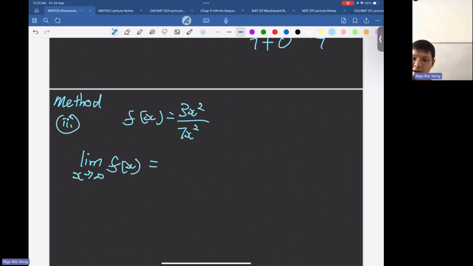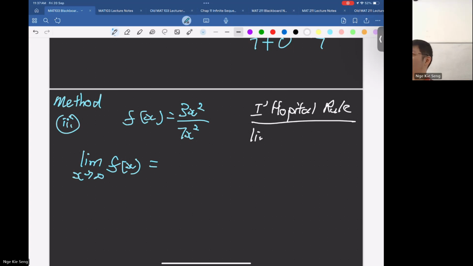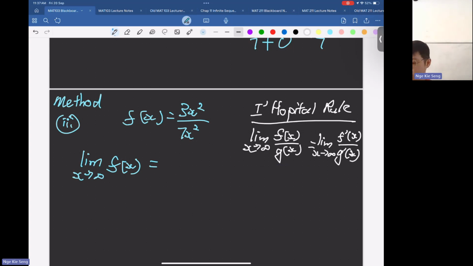Can anyone recall what L'Hopital's rule is? The limit of a quotient of functions is equal to the limit of the first derivative of f divided by the first derivative of g(x), if both of them go to 0 or both of them go to infinity.